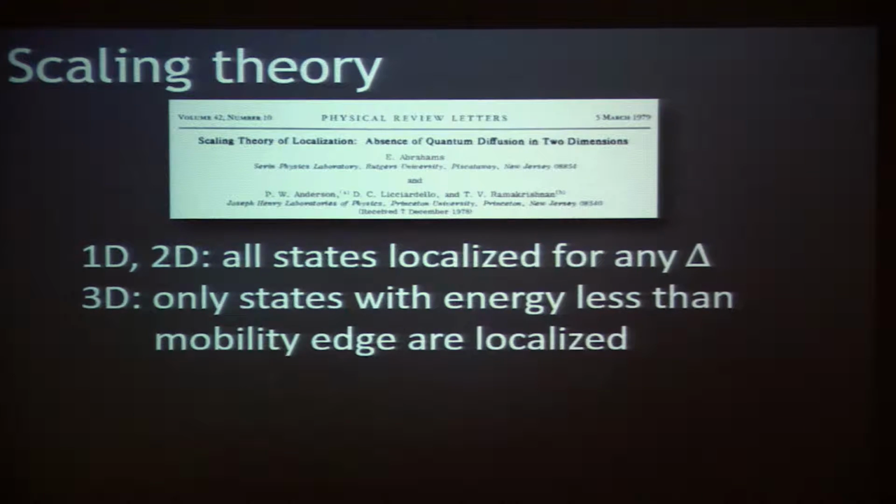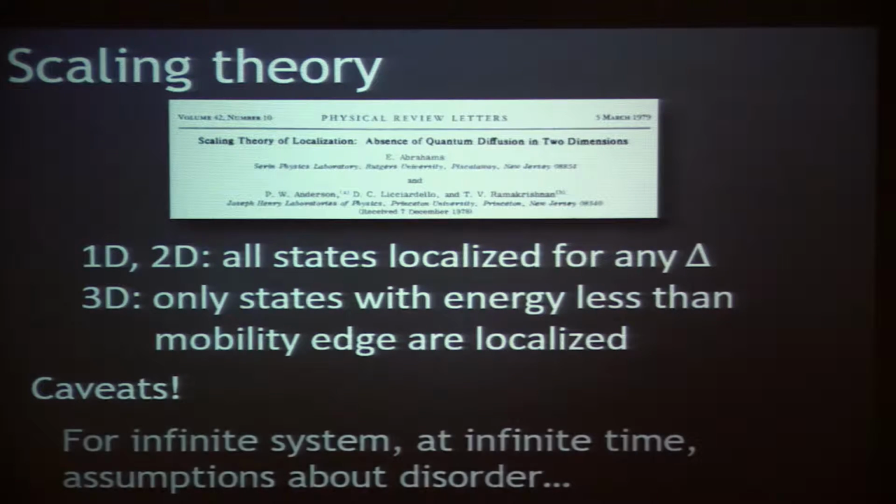And in 3D, only states with energy less than a mobility edge are localized. All right, so we should look for this kind of physics here too, but there are a lot of caveats with these statements. This is really just for an infinite system and infinite time, and there are also assumptions about the disorder built into this. And I'll show you how, for example, that one is violated in one of these experiments.